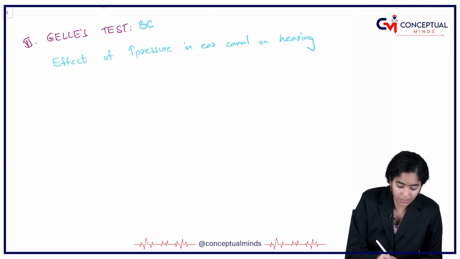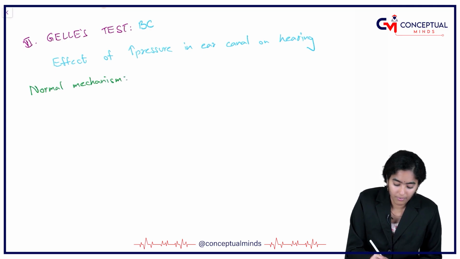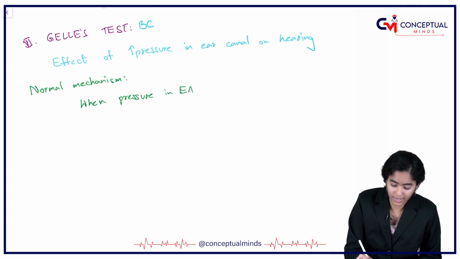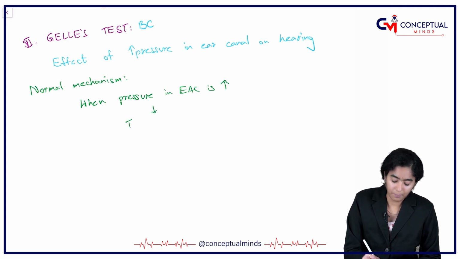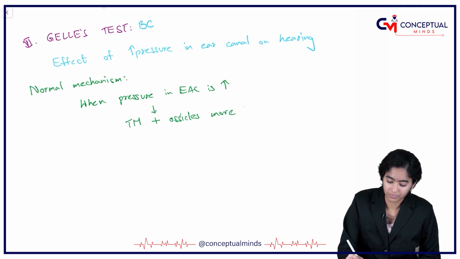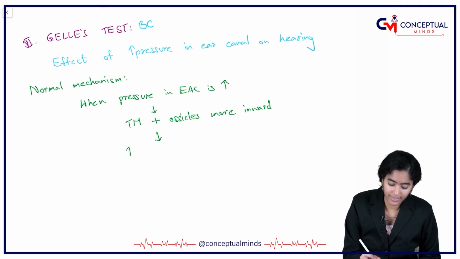So let us see the normal mechanism. When pressure in the external auditory canal is increased, the tympanic membrane plus the ossicles move inward, and this will increase the intralabyrinthine pressure.